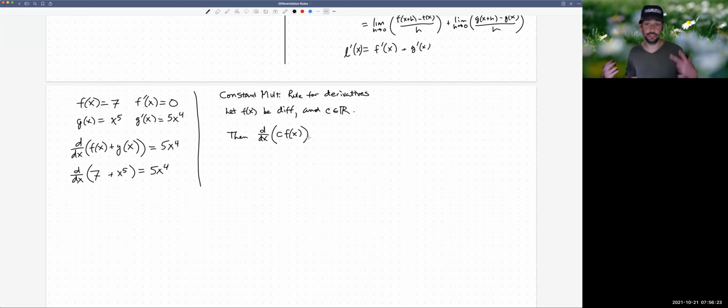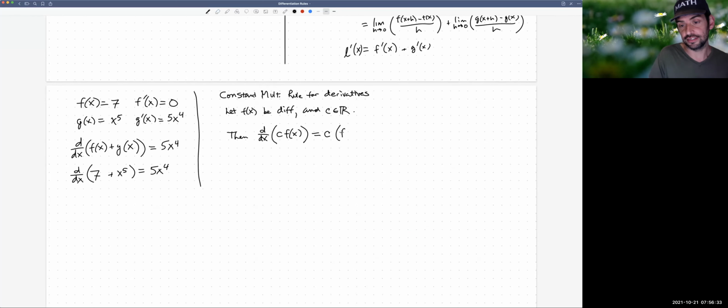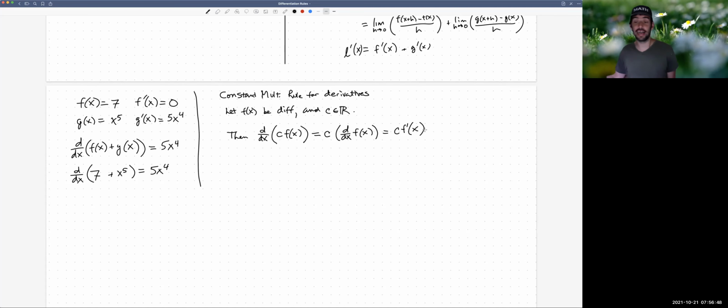You can take a function, multiply it by a constant to get a new function, and we want to take the derivative of that. It turns out that this constant, when multiplied by a function, can slip out past the derivative, right? And we end up with that constant times the derivative.